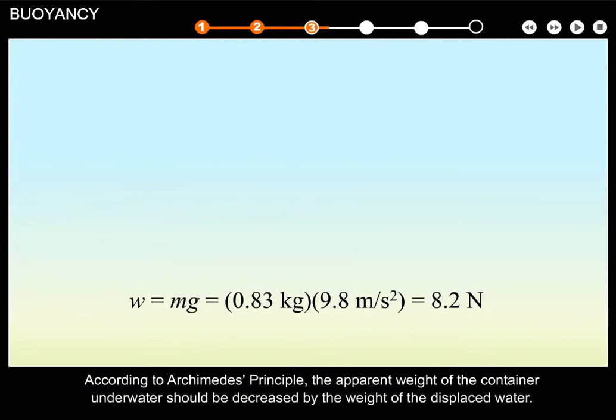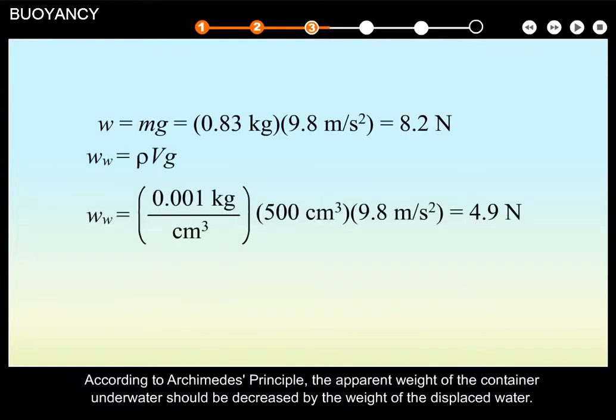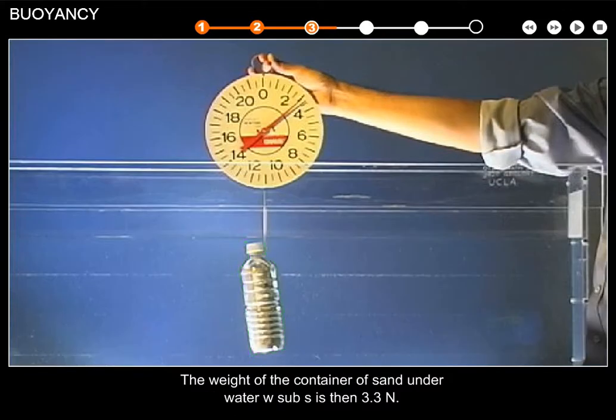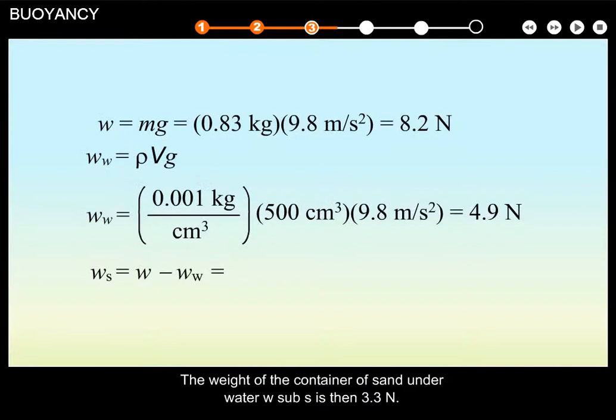According to Archimedes' Principle, the apparent weight of the container underwater should be decreased by the weight of the displaced water. That weight, W sub W, is the density of water, rho sub W, times the volume, V, times the acceleration of gravity, g. The weight of the container of sand underwater, W sub S, is then 3.3 newtons.